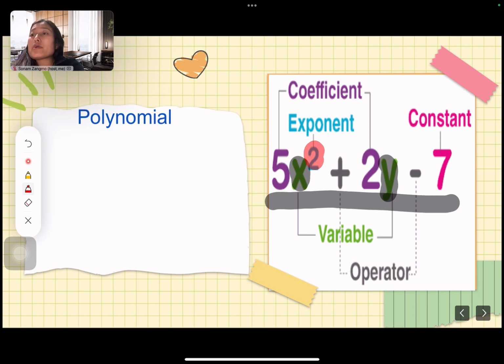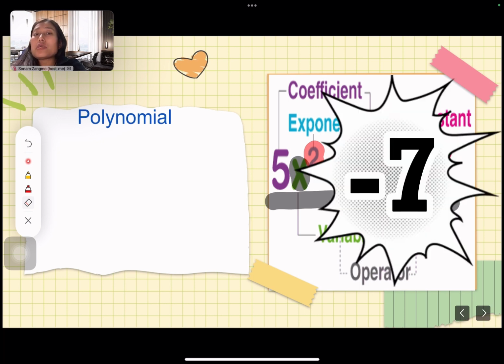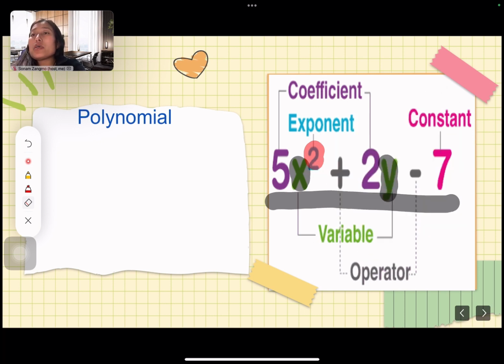Then you have a constant. Constant means a number which does not have the presence of a variable. So constant here is -7. Likewise, coefficients are the numerical values which are multiplied with the variable. So here, 5 and 2 are your coefficients.